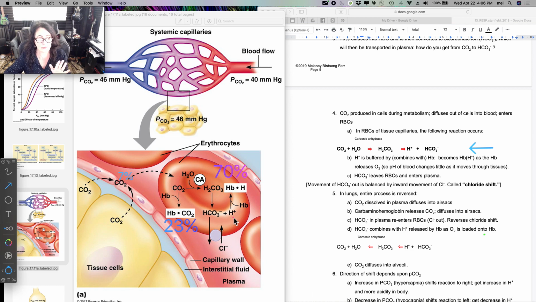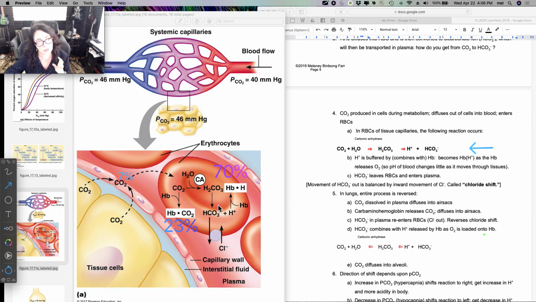So let's follow both of them. If I let H plus go into the blood plasma, I would really drop the pH dramatically, but I don't want to drop it dramatically because your blood has a very narrow pH range before you start changing the structure of proteins.